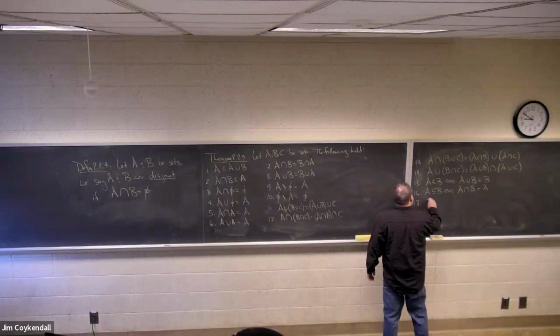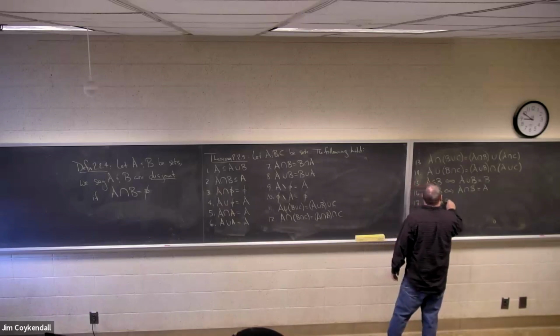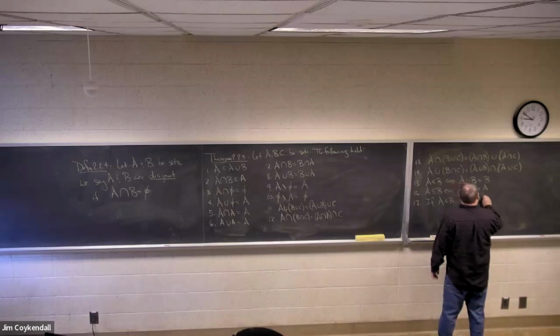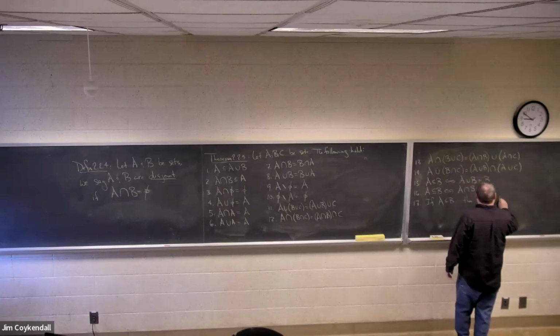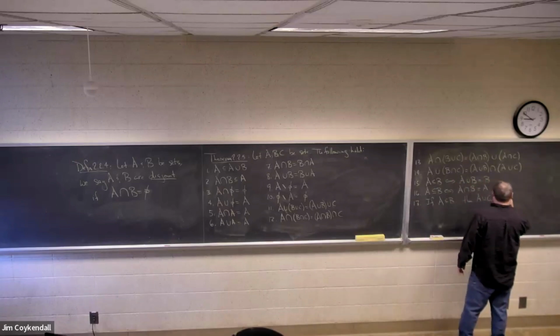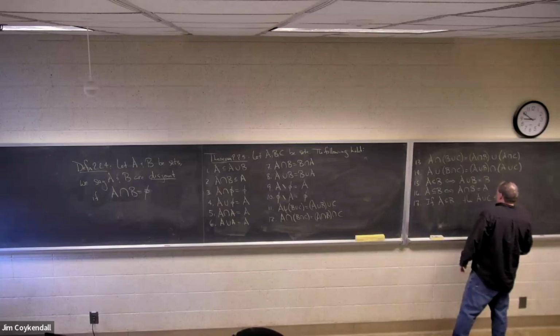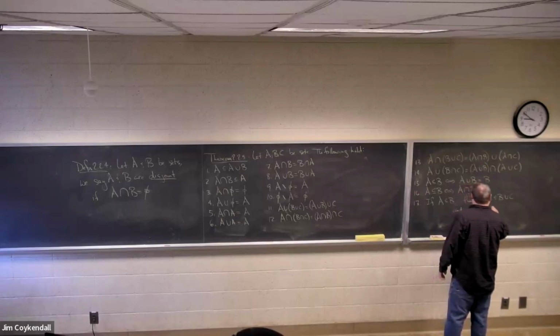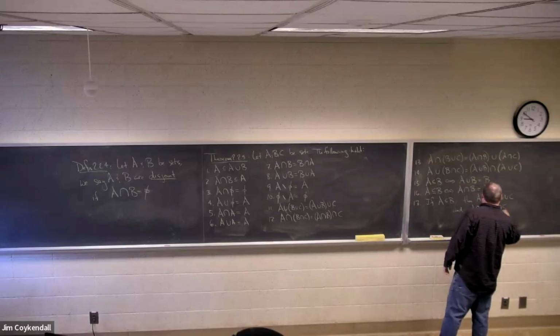If A is contained in B, then A union C is contained in B union C, and A intersect C is contained in B intersect C.